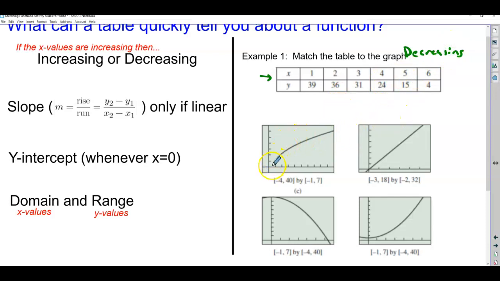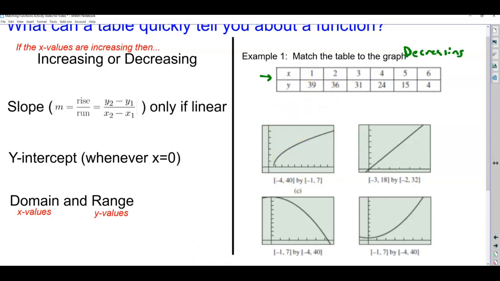If you look at our graph, as the x value goes up, in this graph, the y values are increasing. Same thing with these three graphs. The only possible answer is the one where, as the x values go up, the y values are decreasing. So I know right away that of the four graphs, this is the answer that matches with the table, just from that piece.